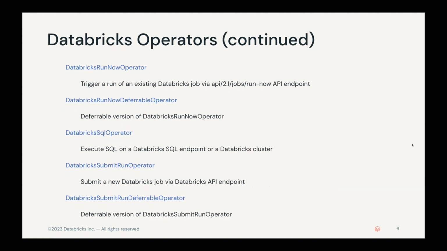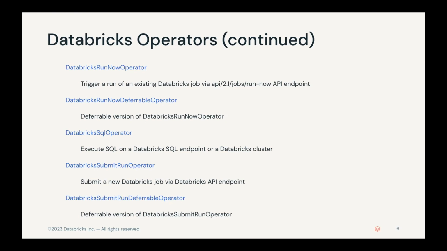Then we have the Databricks run now operator, which actually triggers a run of an existing Databricks job or workflow via the API. This is one of the operators that we're going to dive deeply into today. And then we have the run now deferrable operator, which is just a deferrable version of the previous operator that we talked about.